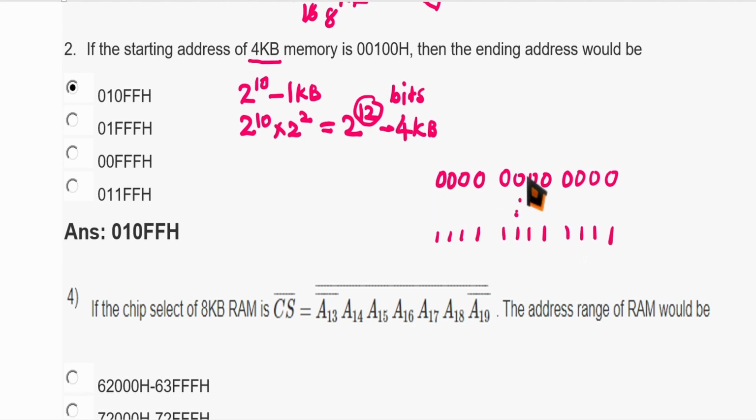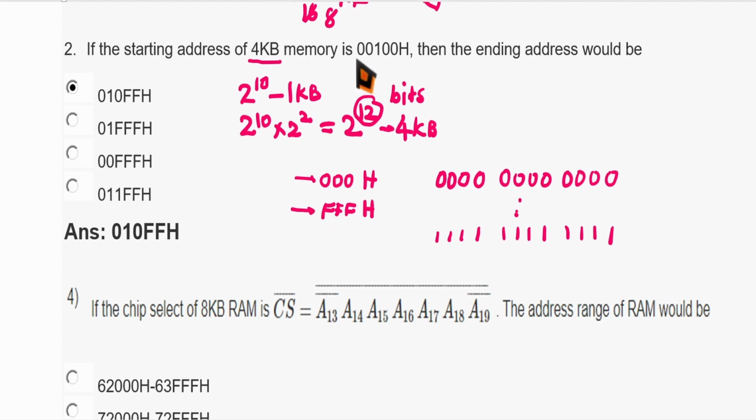If you represent this in hexadecimal form, it is 000H to FFFH. This is the starting address. This is the ending address.